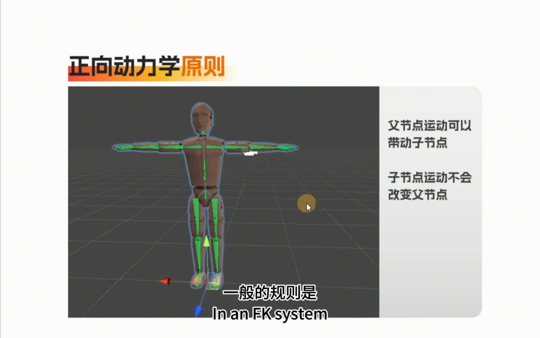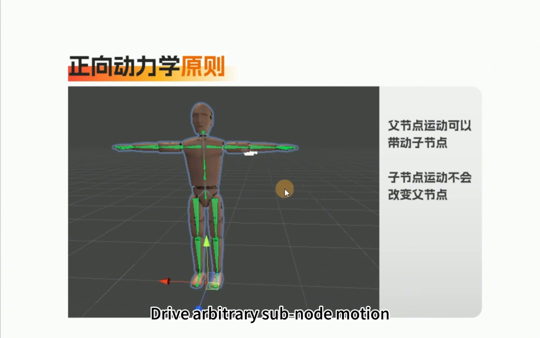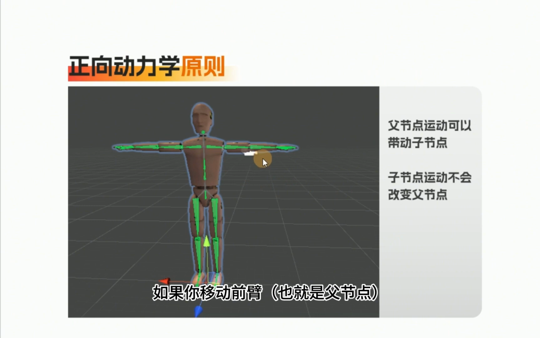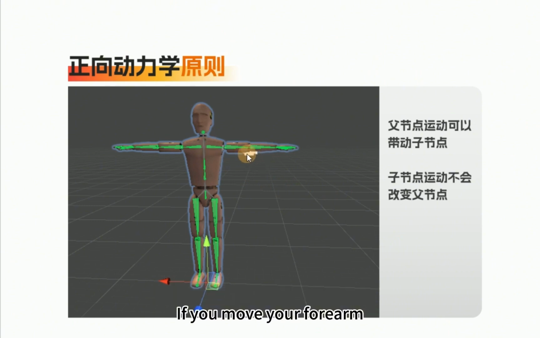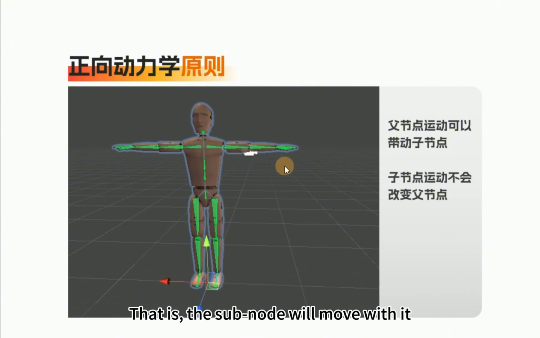In an FK system, the general rule is that a parent node in the hierarchy drives any child node motion. For example, if you move your forearm, that's the parent, and the wrist, the child node, will move with it.